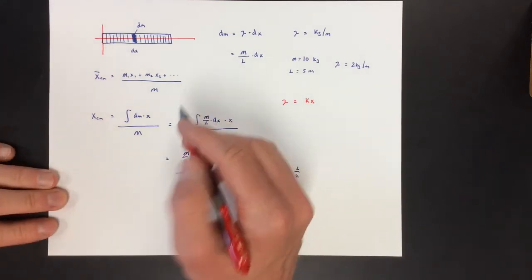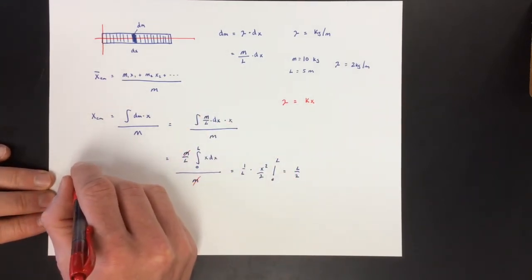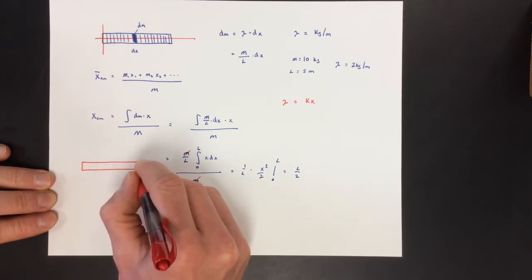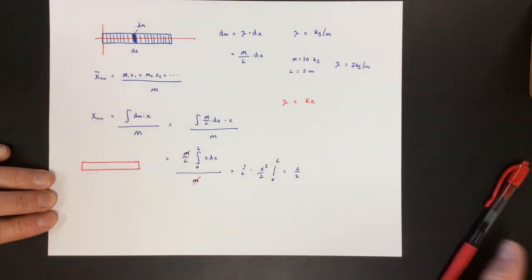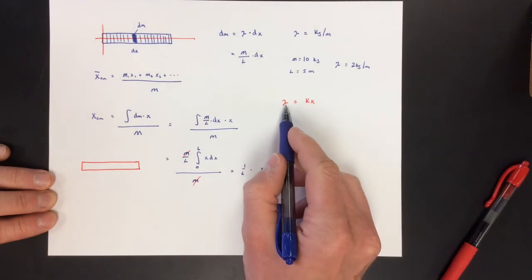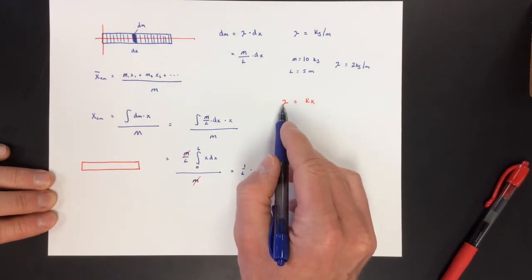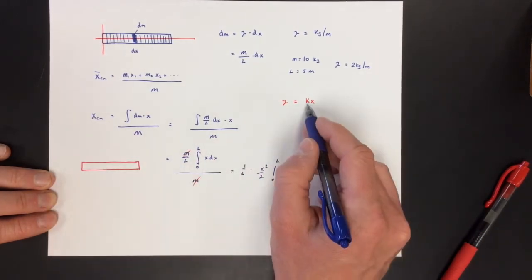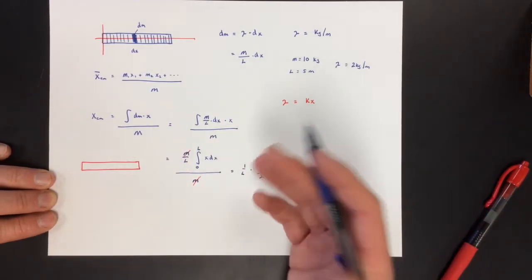You have to imagine what that would mean for our board. We're going to take our board, still with a total mass of m and a length of L, but somehow lambda, meaning the density of the board in kilograms per meter, is proportional to x. k is just some growth constant. It could be 2, it could be 5, whatever.